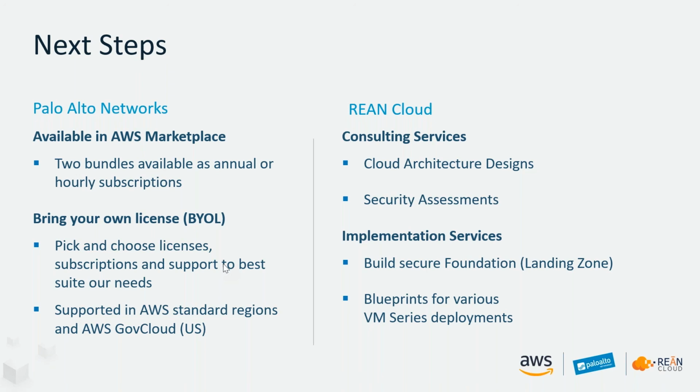There's a wealth of different templates and CloudFormation templates and scripts that we've posted on our template page on the GitHub repository. So if you are a user of GitHub, you can search for Palo Alto Networks AWS, and you'll find a lot of different examples to get started.